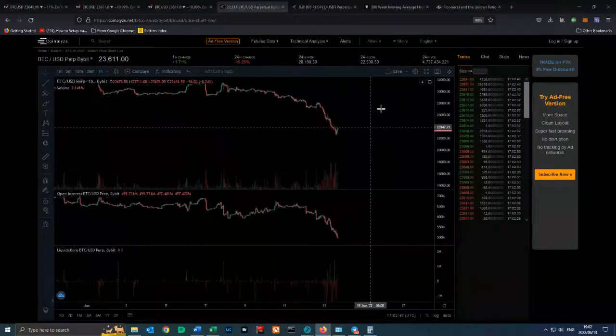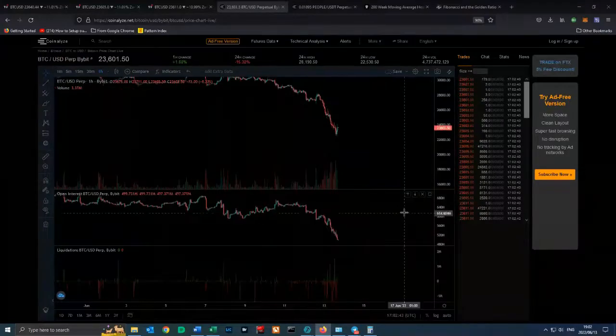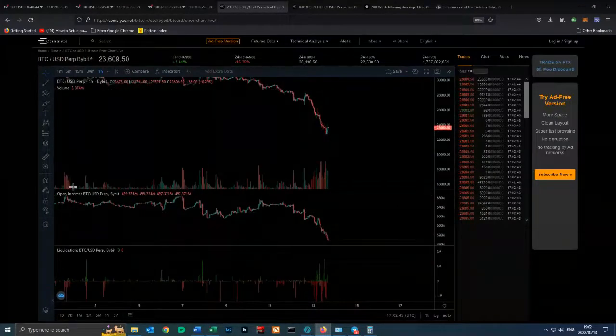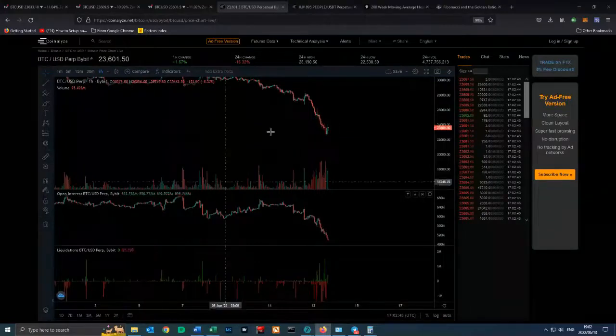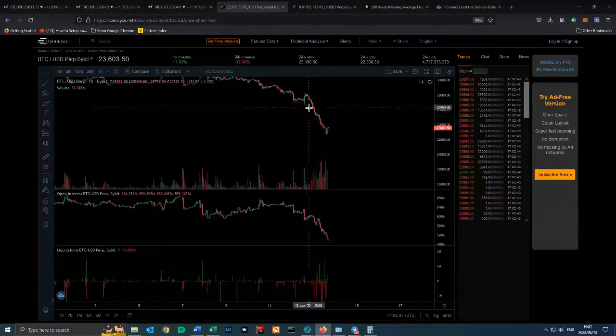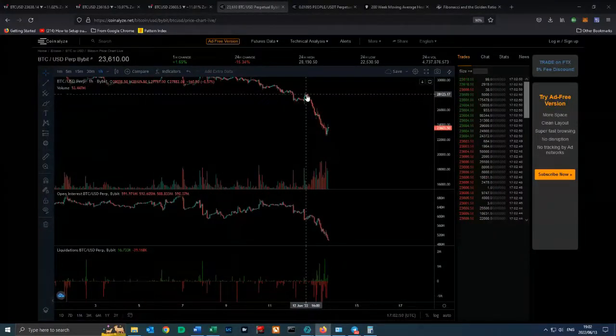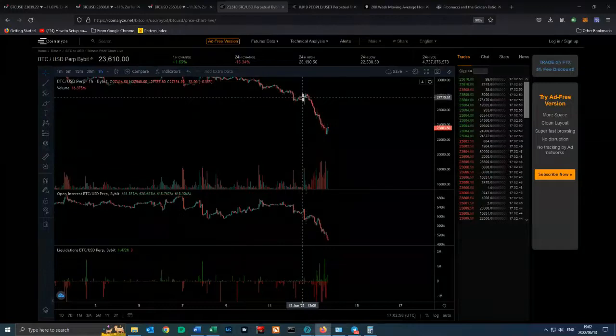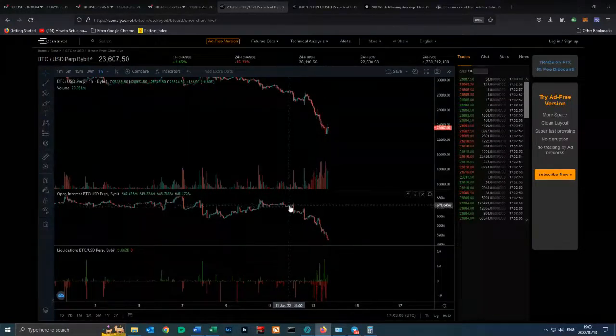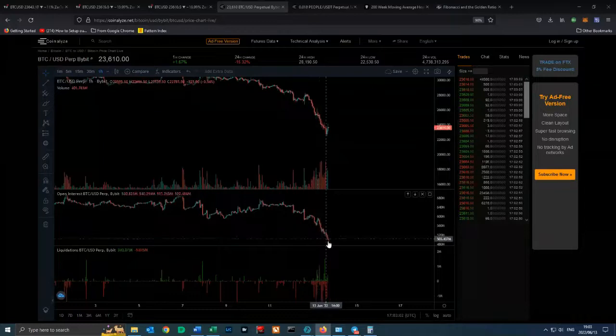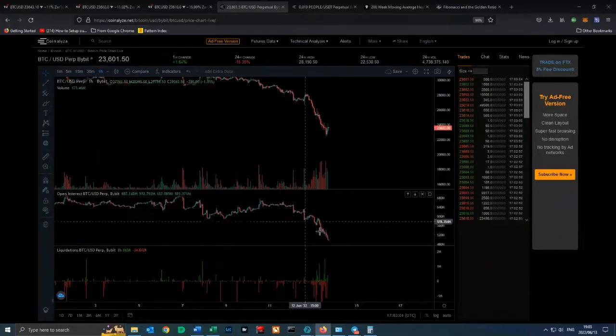You know, there's always going to be a negative sentiment in the news. And look at this here. This is the open interest. This is what I was telling you guys about, this whole drop here that happened from 28,100 from yesterday, 4 o'clock UTC, all the way down here. Look at this. This open interest dropped rapidly.